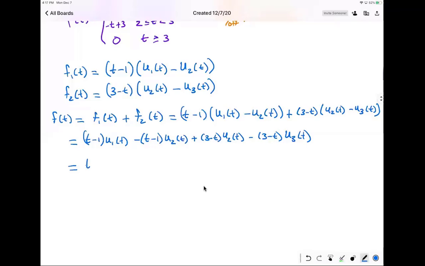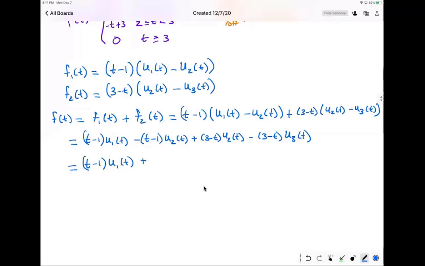Okay, so let's keep going here. So let me recopy. t minus 1 times u1 of t. And then I'm going to factor out everything with a u2. So let's see here.